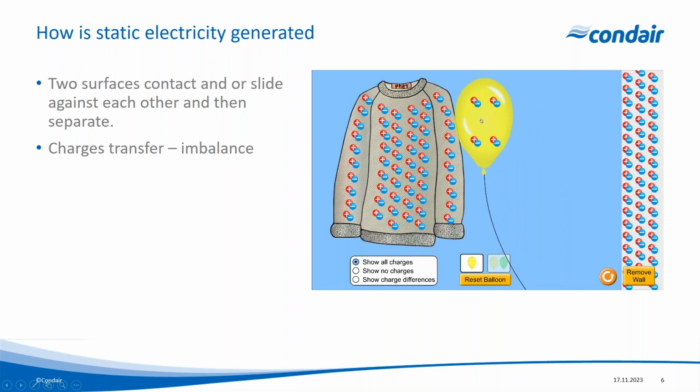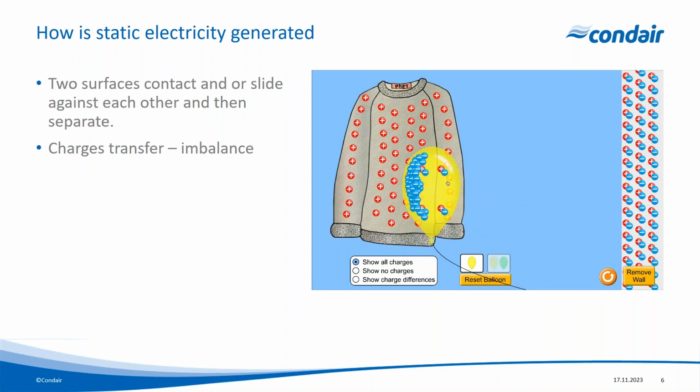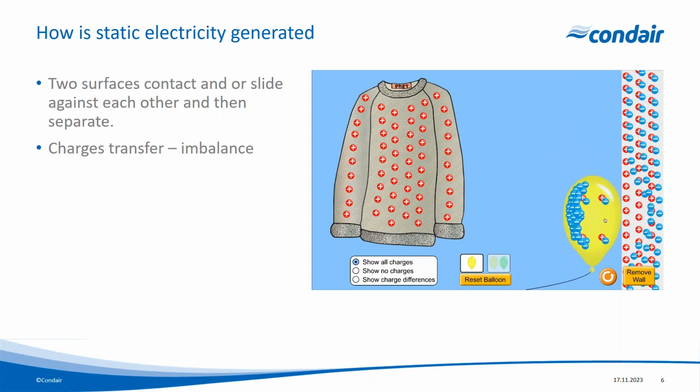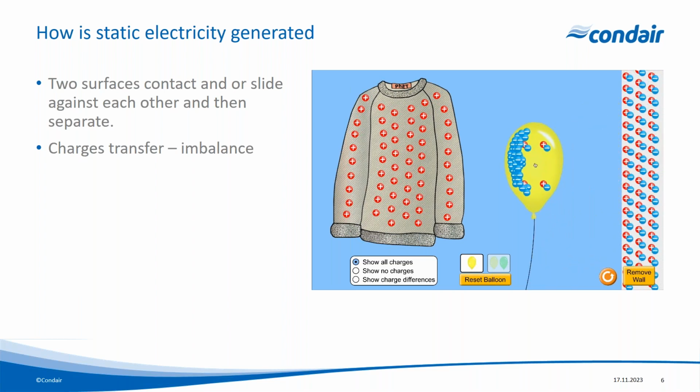And as there's no circuit to allow the charge to leak to Earth, an imbalance of either positive or negative charges occurs. And as positive and negative charges attract, this imbalance can lead to an attraction between surfaces or a repulsion. So creating electrostatic charge by contact and separation of material is known as triboelectric charging.